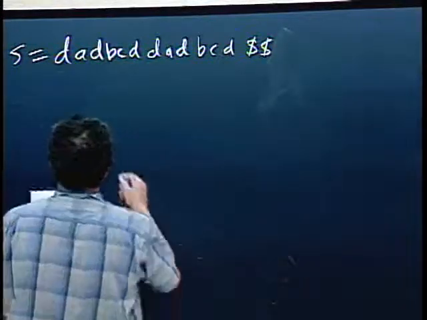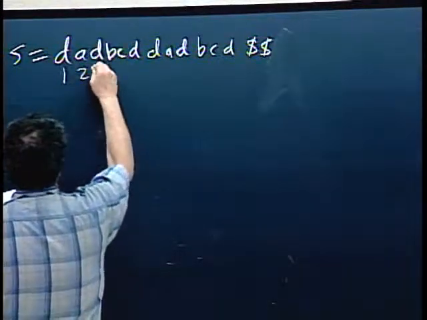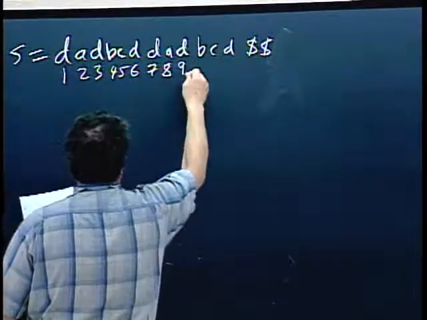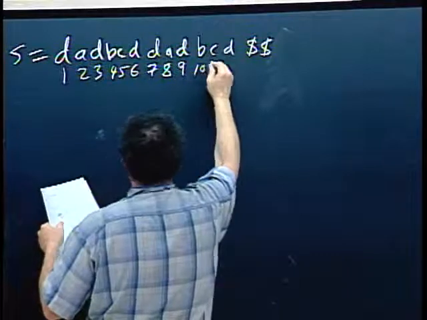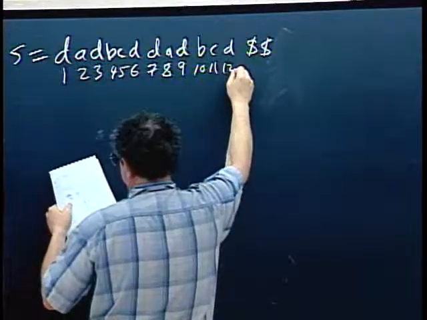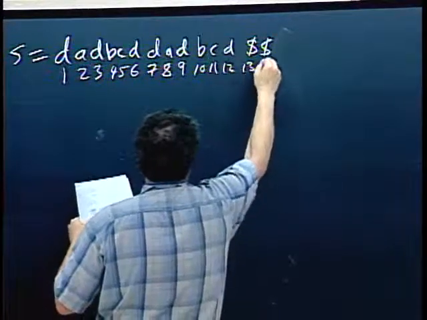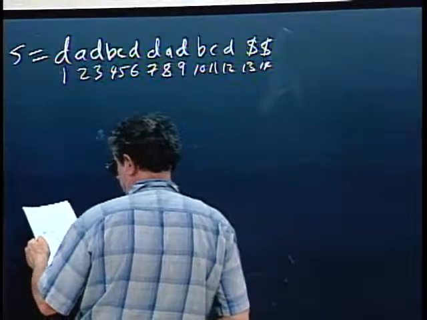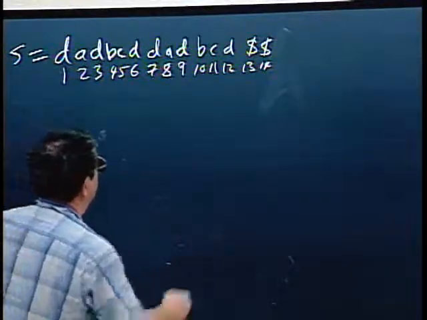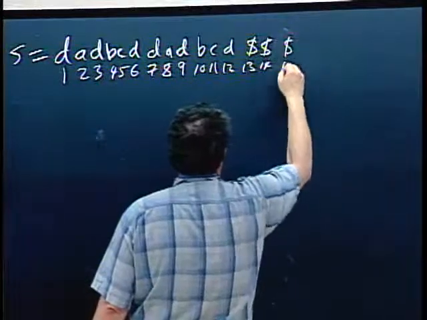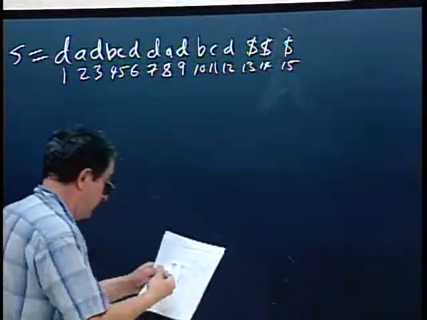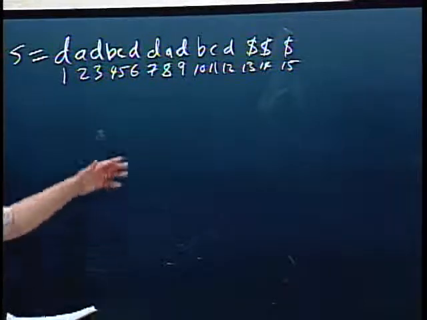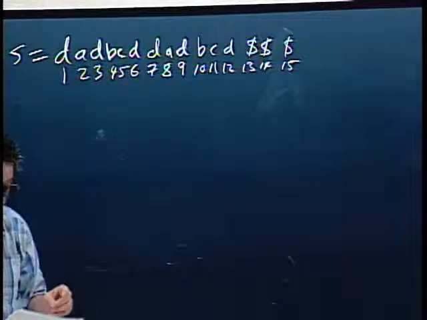Okay, so let me write down the positions here. This is 1, 2, 3, 4, 5, 6, 7, 8, 9, 10, 11, 12, 13, 14. Maybe I better put $3 signs because that's what I have in my notes, so as not to confuse myself. But I think you could actually get away with this too.